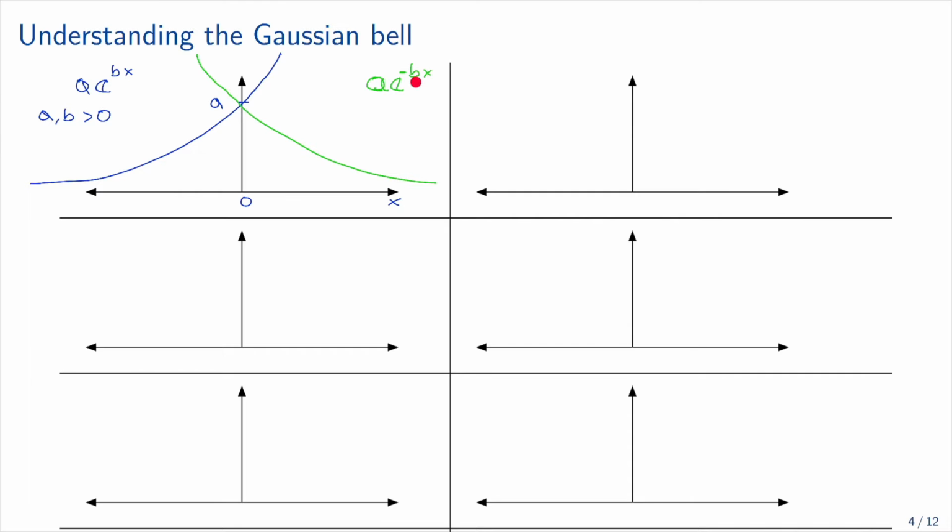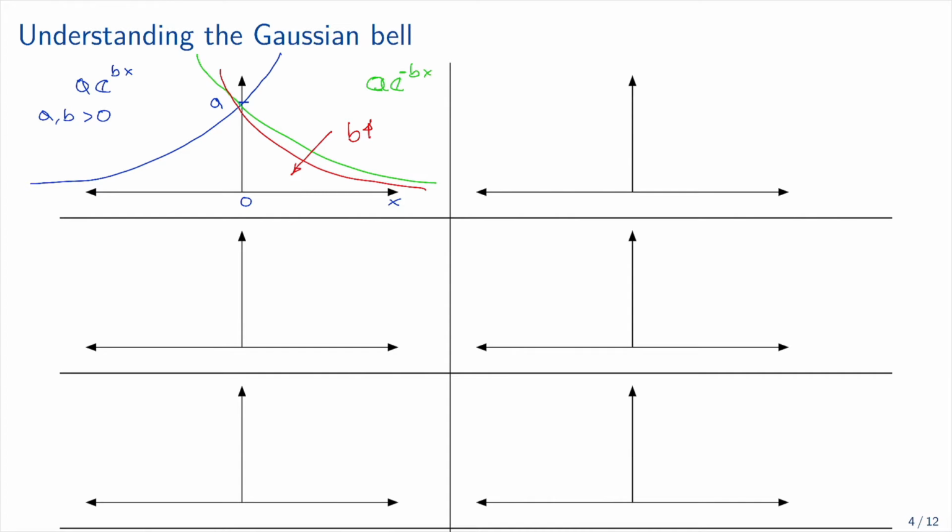Now the effect of increasing b, in this case if we make b bigger, is that the curvature is going to be much more concave, so it's approaching 0 faster than in the first case. So this is the effect of increasing b.